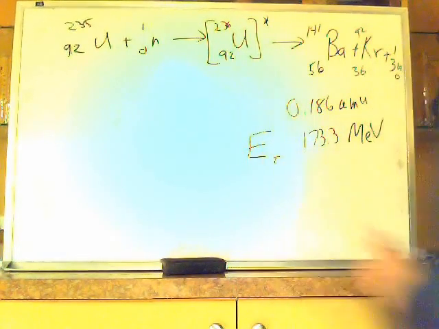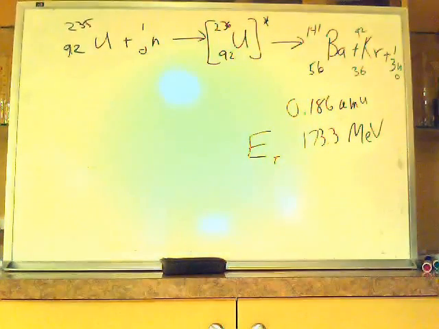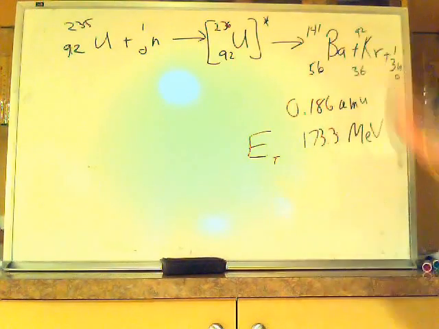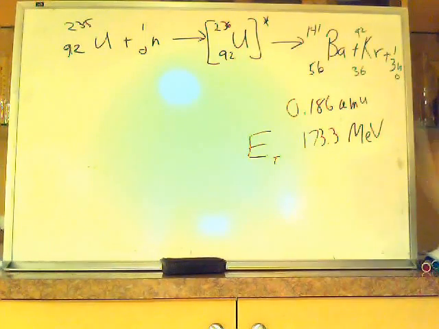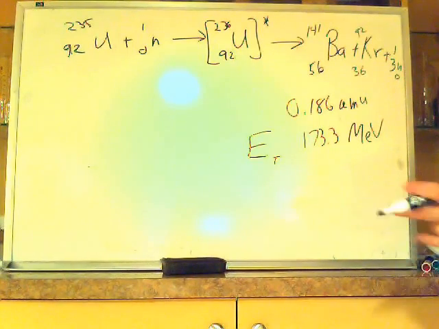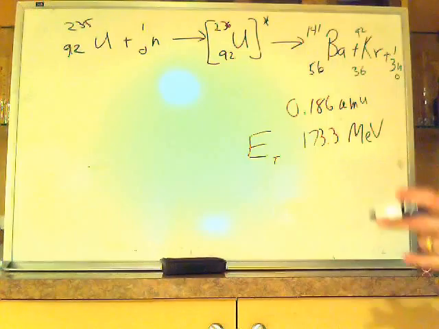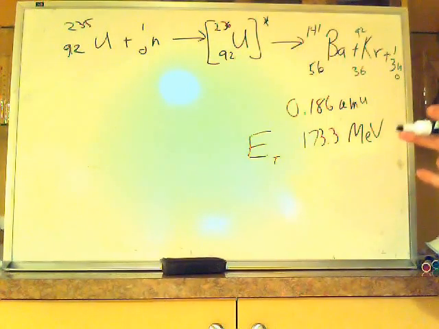And we can look at the kinetic energies of each of these things. So the total kinetic energy is going to be, again, using the formula that was introduced at the beginning of the chapter, 0.80 times the Z products divided by the sum of the cube roots of the masses.